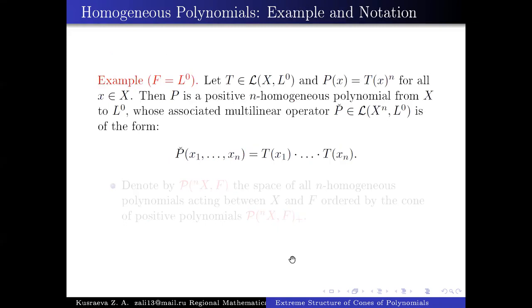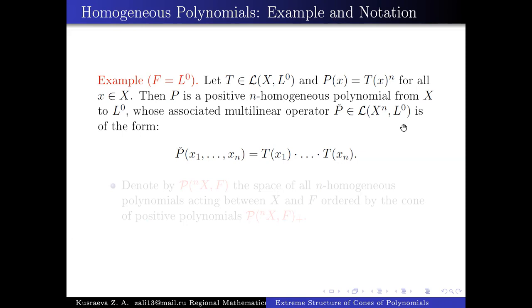For better understanding of what I mean by introducing this object called a homogeneous polynomial, I give an example, and let the target space be, as we agreed earlier, L0 space. Then we take a linear operator T acting from X to L0, and we construct the new mapping in the following way.